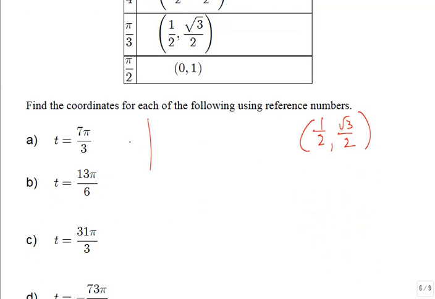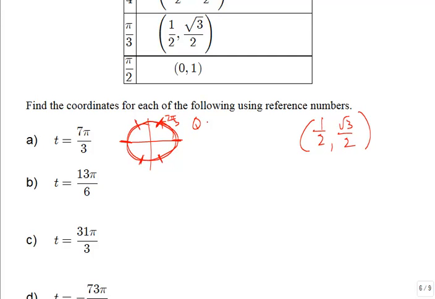So let's figure out where we are. This is positive, so we're going to go counterclockwise. Here's pi over 3, 2 pi over 3, 3 pi over 3, 4 pi over 3, 5 pi over 3, 6 pi over 3, 7 pi over 3. So we're going all the way around one full time, and then we're going an additional pi over 3 beyond that.